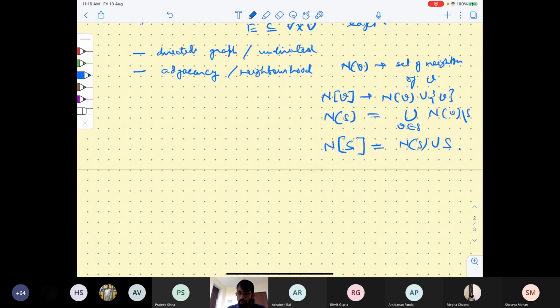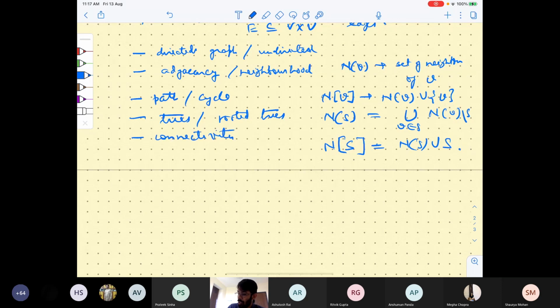So this is the terminology that we'll be using. And then some examples of graphs you already know, like social networks, transportation networks, etc. You'll need the concepts of path, cycle, trees, rooted trees, connectivity.